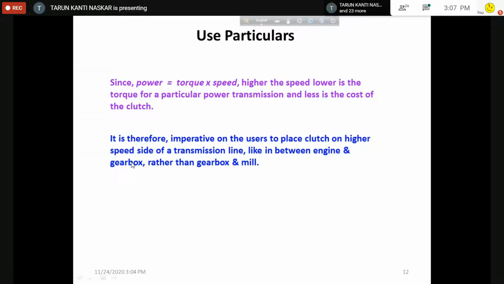So where should the clutch be placed? This is the point. In the transmission line, there is a higher speed side.